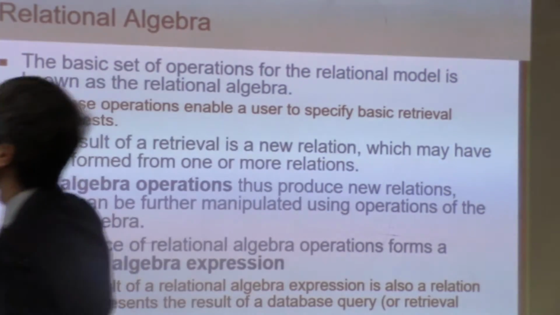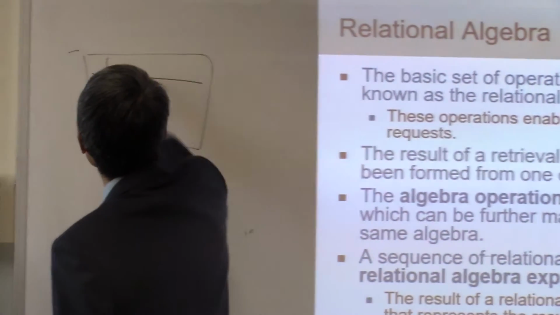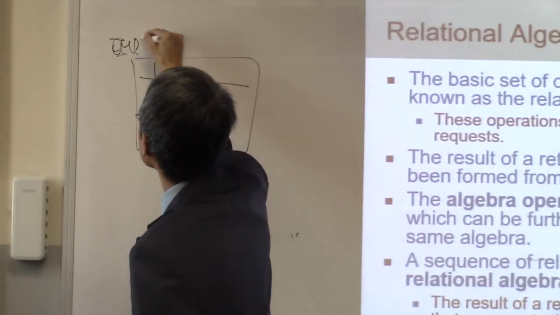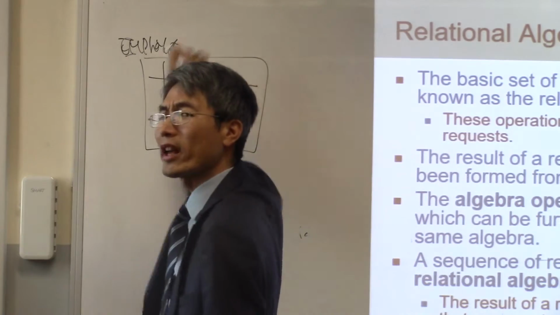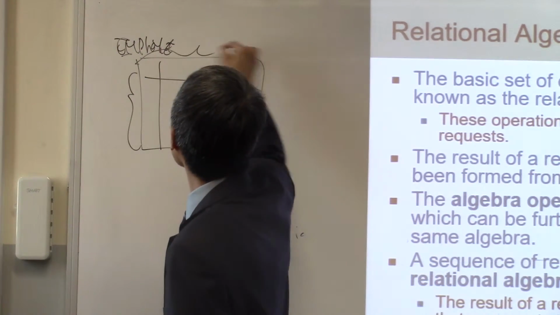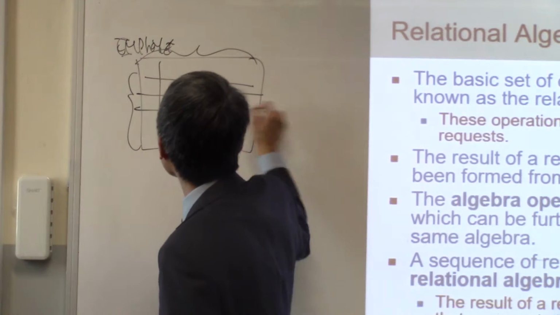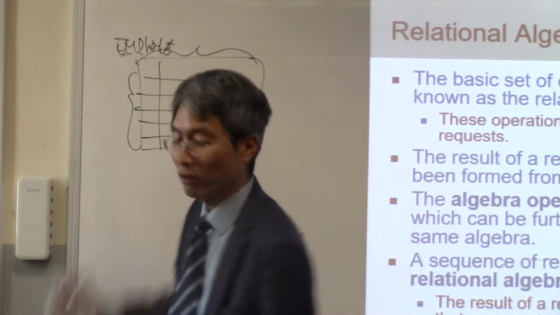The first one is, before we start, we have the employee relation. What is a relation? Relation is a group of data, group of tuples, or group of attributes, right? We can define the group of the data as the relation.